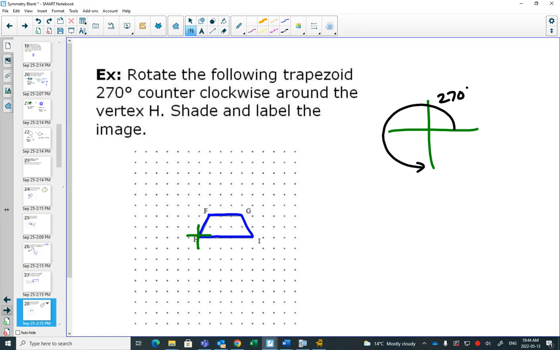Okay? Now, I started here because I had a line on that part. So if I started there and did on my paper and drew 270, my final graph, my H to I, will now be, how many apart is it? 1, 2, 3, 4, 5. 1, 2, 3, 4, 5. It'll go straight down as a result.